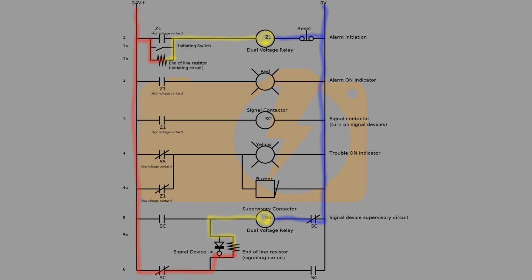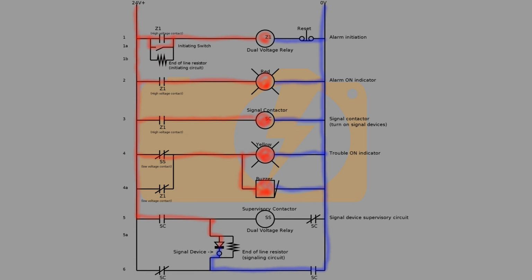This opens the normally closed contact SS on rung 4, preventing the yellow trouble indicator light and buzzer from being activated. Notice that the signaling device on rung 5A is not activated because it's in series with a diode, which is at the moment reverse biased.